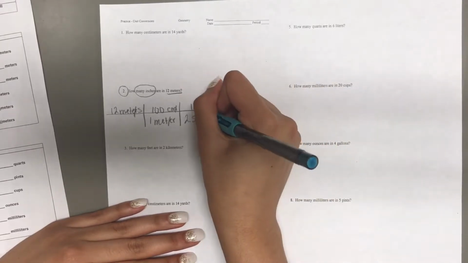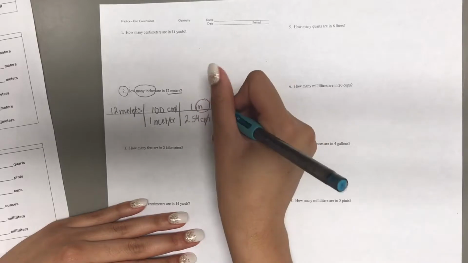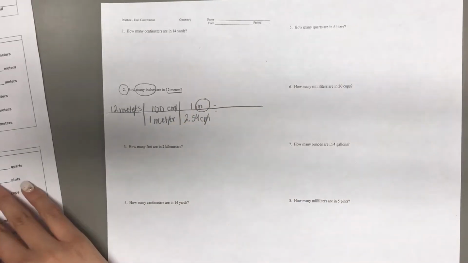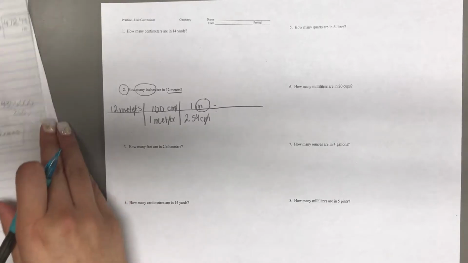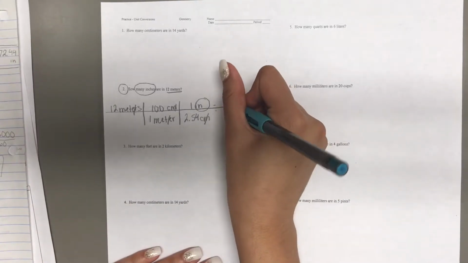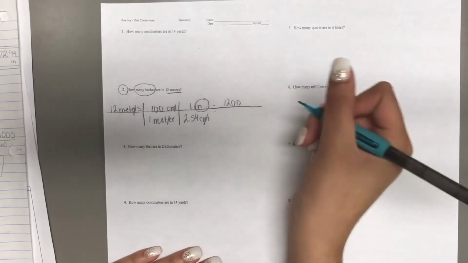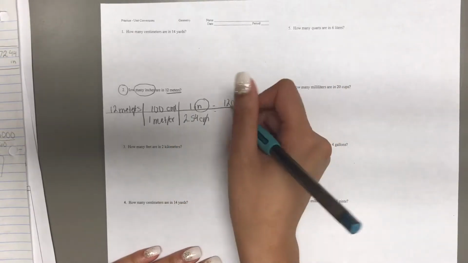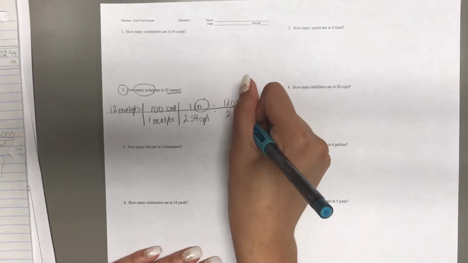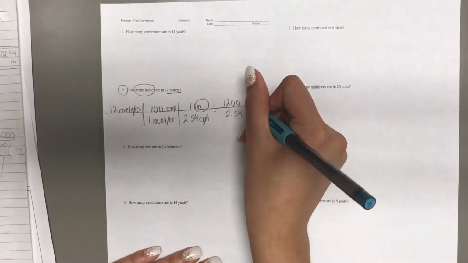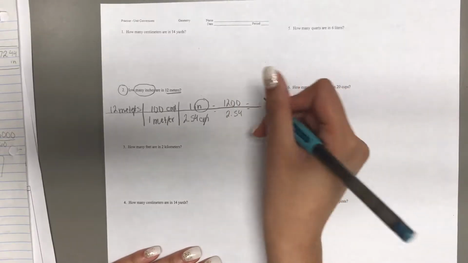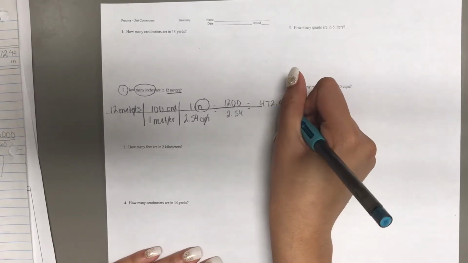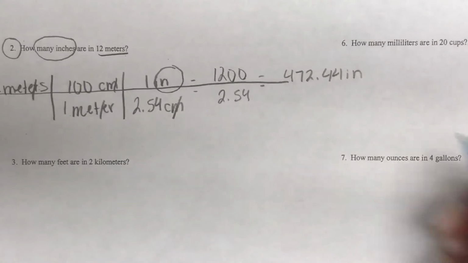And that is the unit we were looking for. So now what we do is multiply the top numbers, which I got for my top. And then the bottom is just 2.54 times 1, so it's just 2.54. And then you divide those two numbers, and you would get 472.44 inches. There we go.